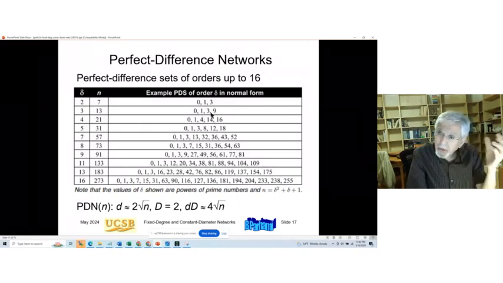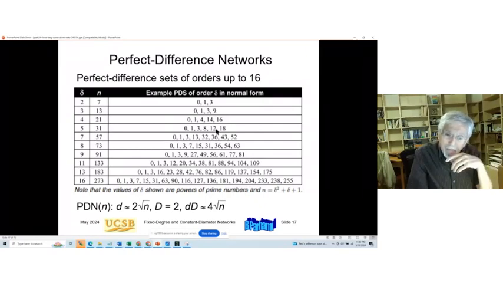But this is a property of a perfect difference set. A perfect difference set is a set so that any number in the range, in this case 0 to 12, nodes are numbered 0 to 12, can be synthesized by the difference of 2 numbers. Okay?